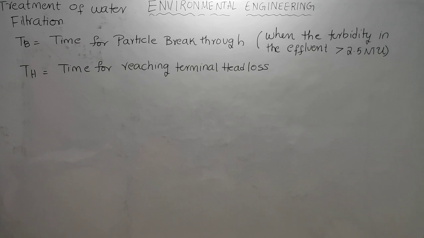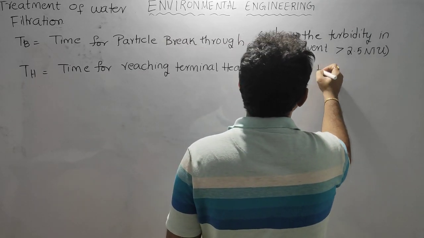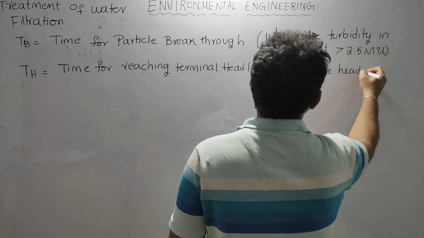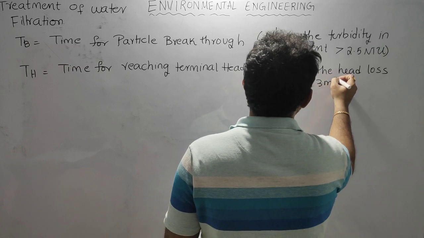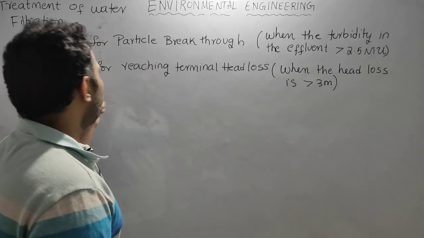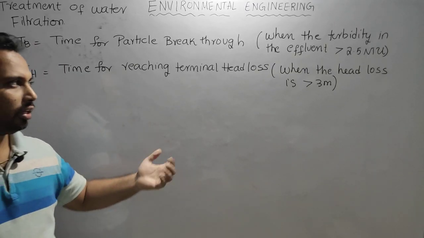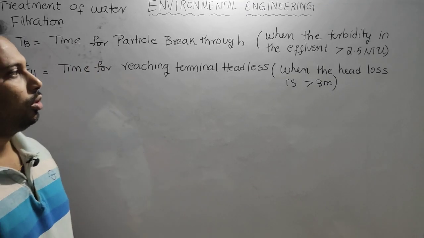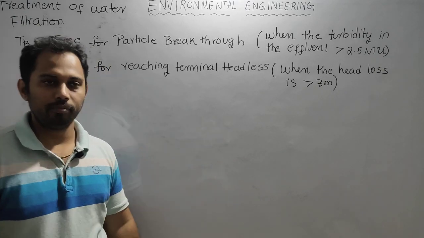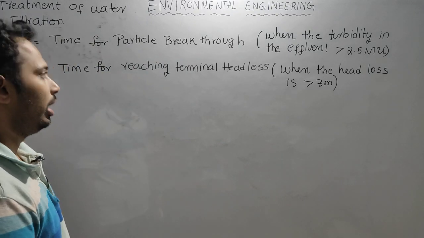When the head loss is more than 3 meter, it is called time for reaching terminal head loss. For a particular filter, how much time it takes to have a head loss of more than 3 meter, that is nothing but time for reaching terminal head loss.